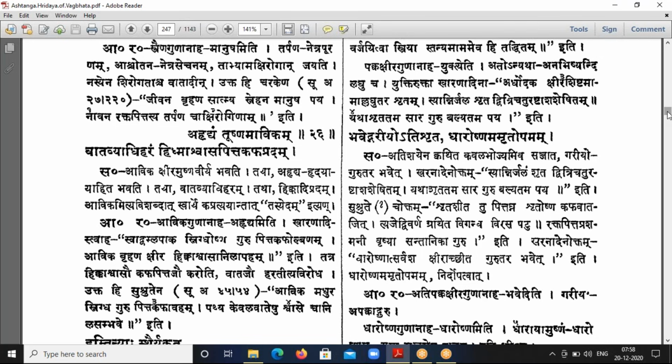Bhavet gariyo adhisrutam, and dharoshnam amritopamam. The other day, we mentioned the dharoshnata of kshiram.